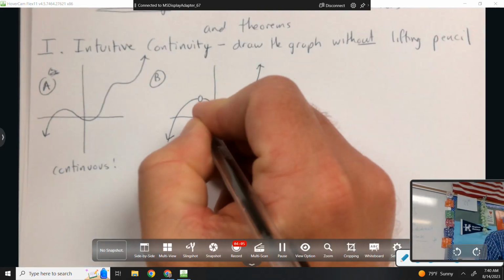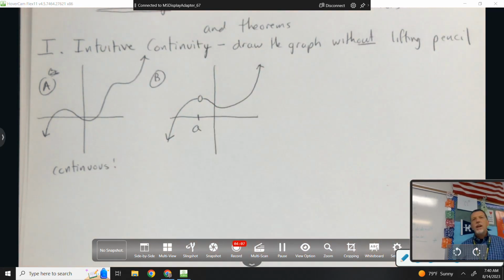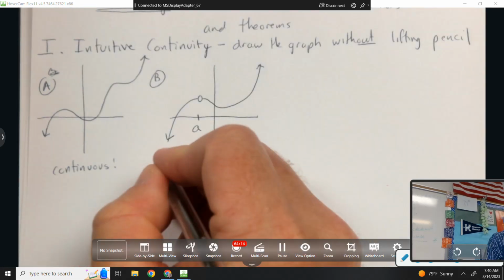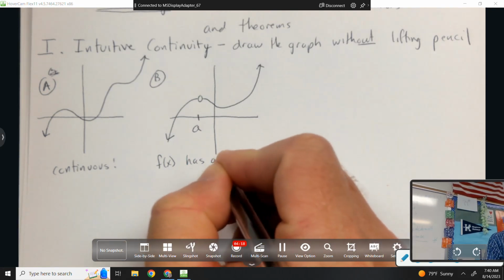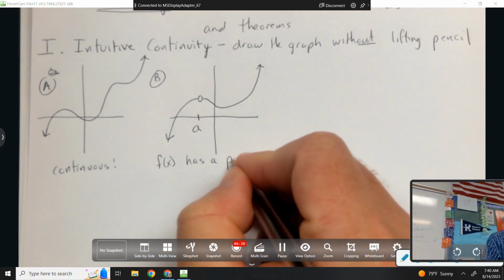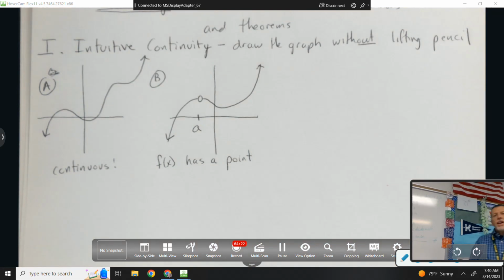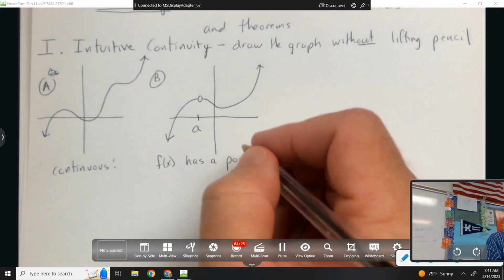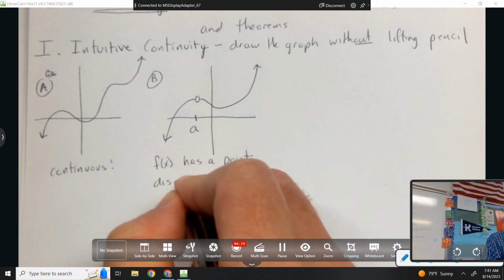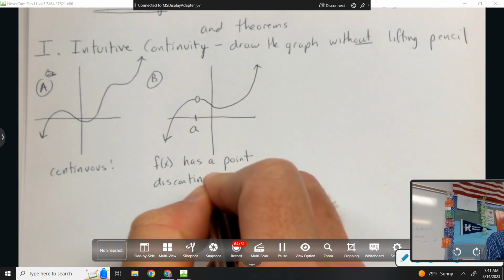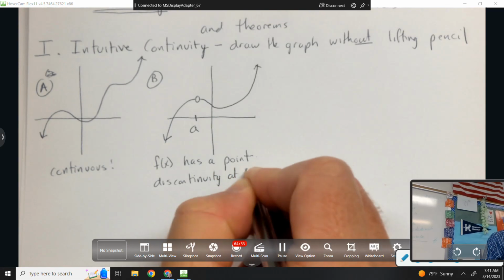And in fact, we'll say it has a hole at x equals a. So we would say f of x has a point discontinuity at x equals a.